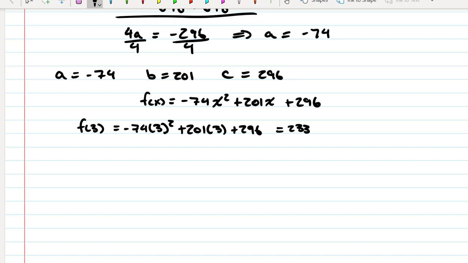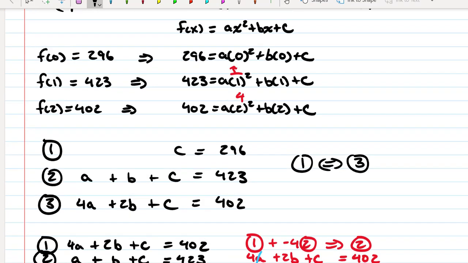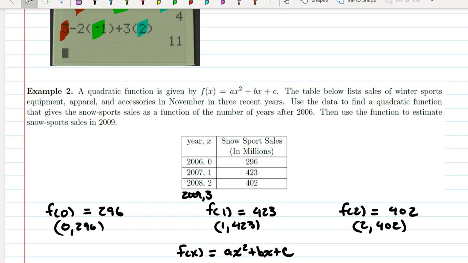And if I remember correctly, it is in millions, right?